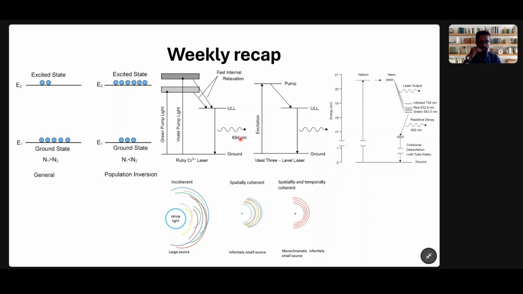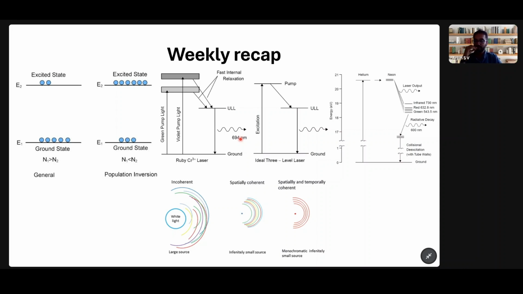Then we discussed 3-level lasers, taking the example of the ruby laser. Ruby is mostly alumina doped with chromium ions, with an emission of approximately 694 nanometers and a lifetime on the order of milliseconds.